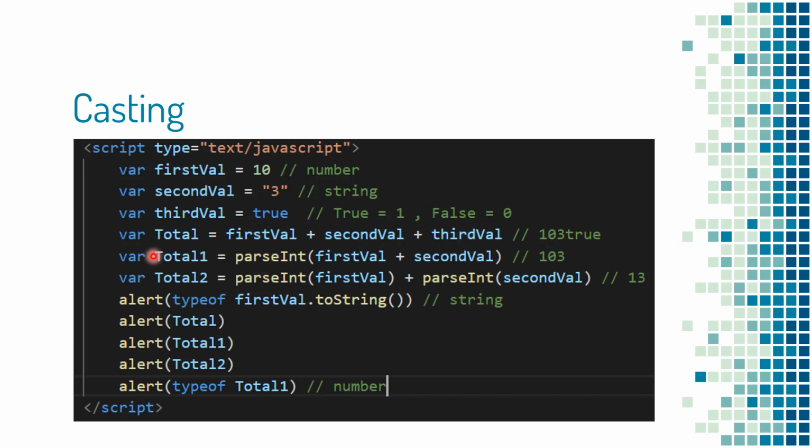So the output of this line is going to be 103 true. If you wanted to force JavaScript to work with these two variables as integers, then you can use parseInt to convert these two numbers.